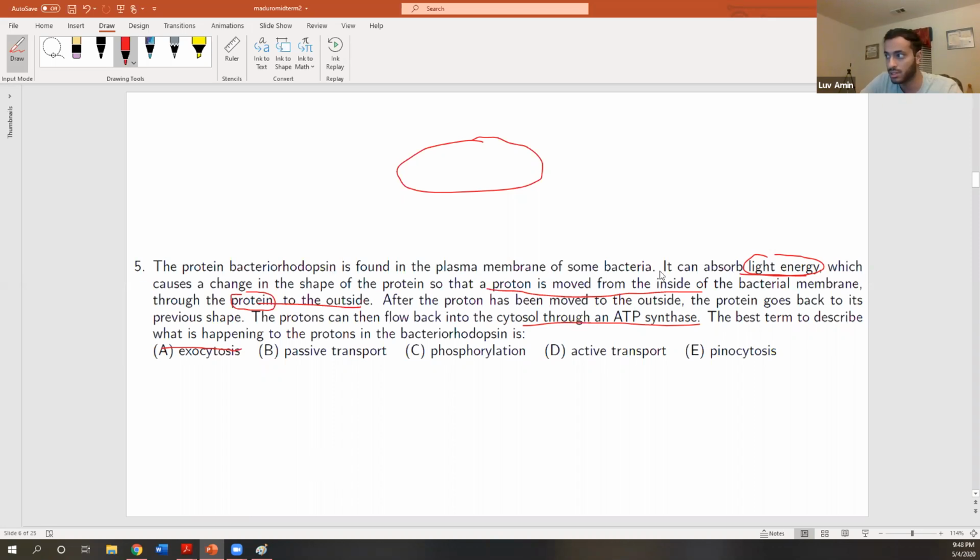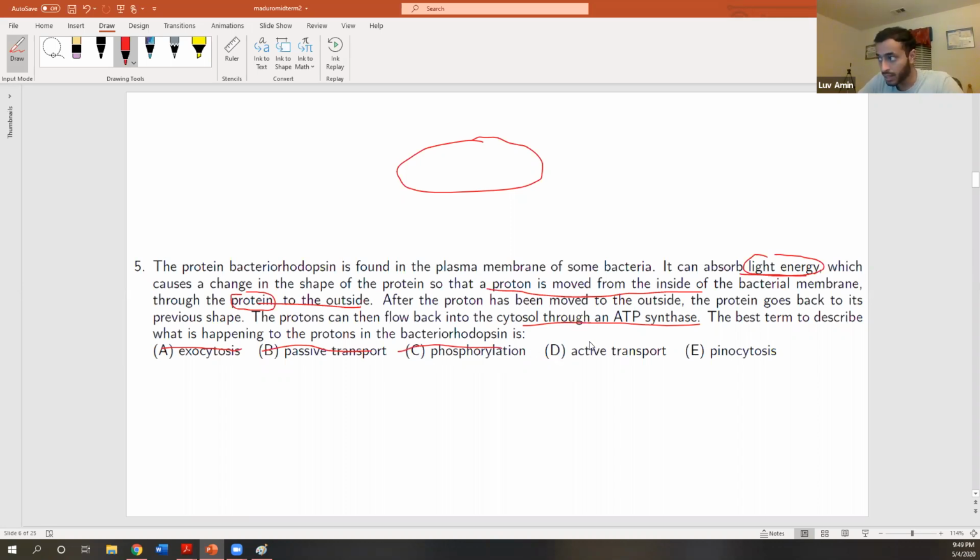So same situation in this case, you're actually putting in energy, so passive transport won't really work. C, phosphorylation. Well, phosphorylation is occurring to make ATP, but that won't really define the entire process here. So it's not exactly what we're doing.